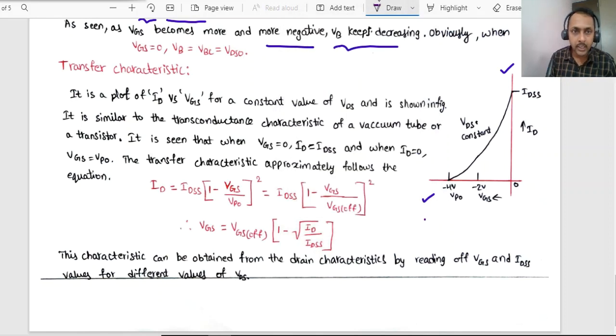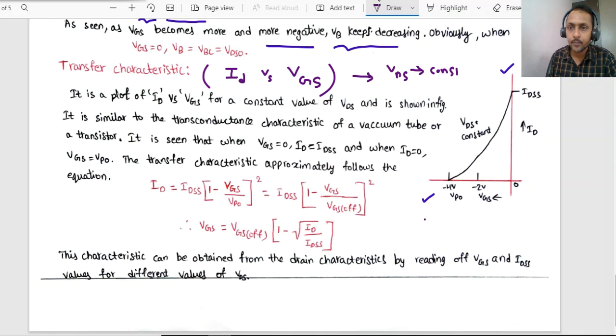While plotting the transfer characteristics, it is plotted between the drain current, here also drain current only, but now the x-axis is gate source voltage. At that time, the drain source voltage is to be kept constant.